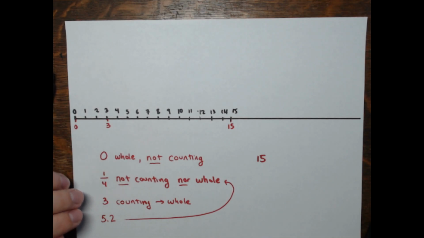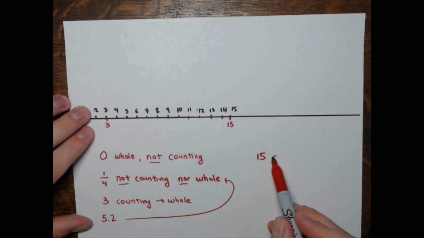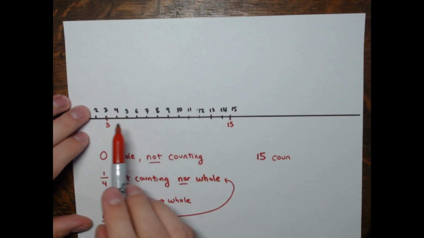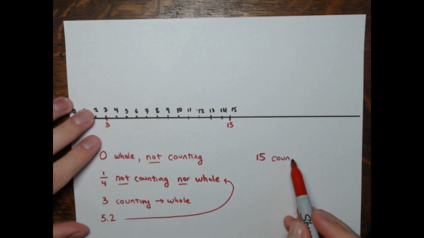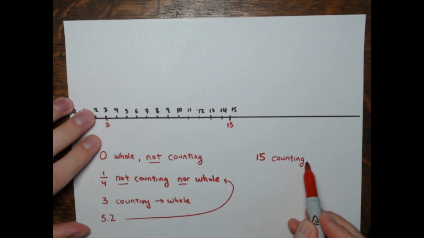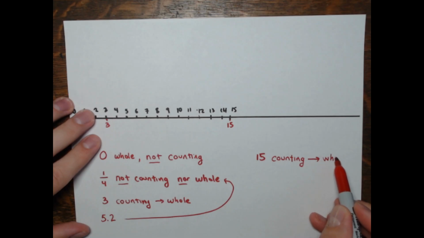Again, any counting number is a whole number. So this is one of the counting numbers, or I just keep upping it by 1 until I get to 15. And once again, if you're counting, you are also whole. All right, so it is both.